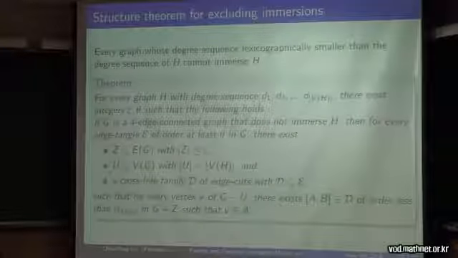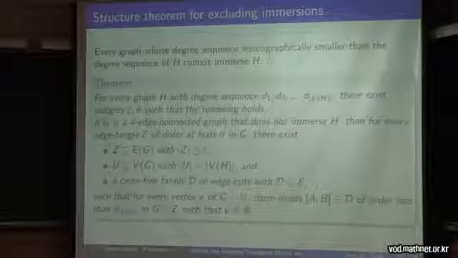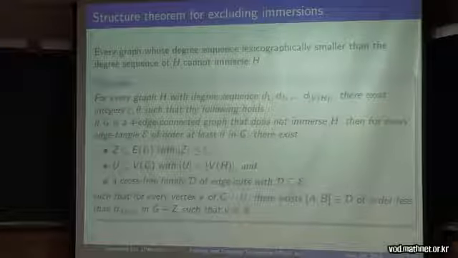But do you have this contract operation? Yeah, if I contract the small side of the H-cut, I get a new graph. But that's not about immersion; I didn't say anything about it yet. I just say if I contract the small side, I get a new graph. This new graph has degree sequence less than H. Right, so you don't care about immersions yet?